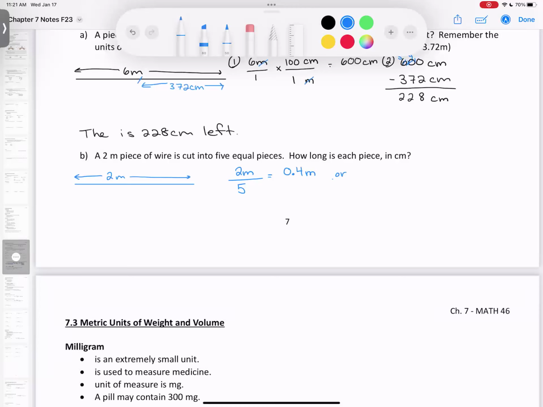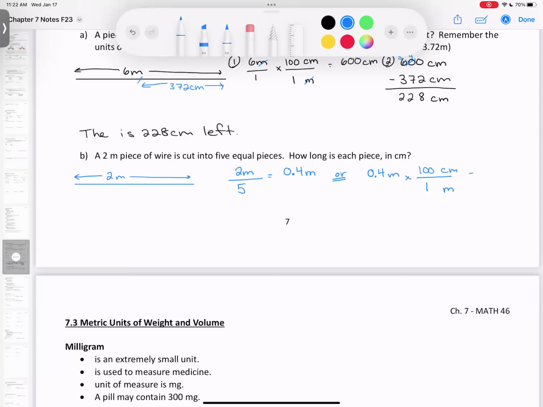Or if we wanted to convert that into centimeters, sometimes that makes a little more sense to think about or to visualize. We have 0.4 meters, and we're going to multiply that by a conversion factor. We want to cancel out the meters and be left with centimeters, so we're going to multiply by 100.